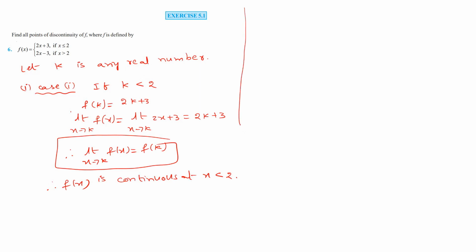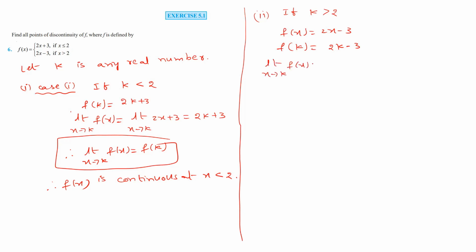The second case: if k is greater than 2, then f of x is 2x minus 3, so f of k is 2k minus 3. Next we find the limit. The limit as x tends to k of f of x is 2x minus 3, so if you substitute k, we get 2k minus 3.